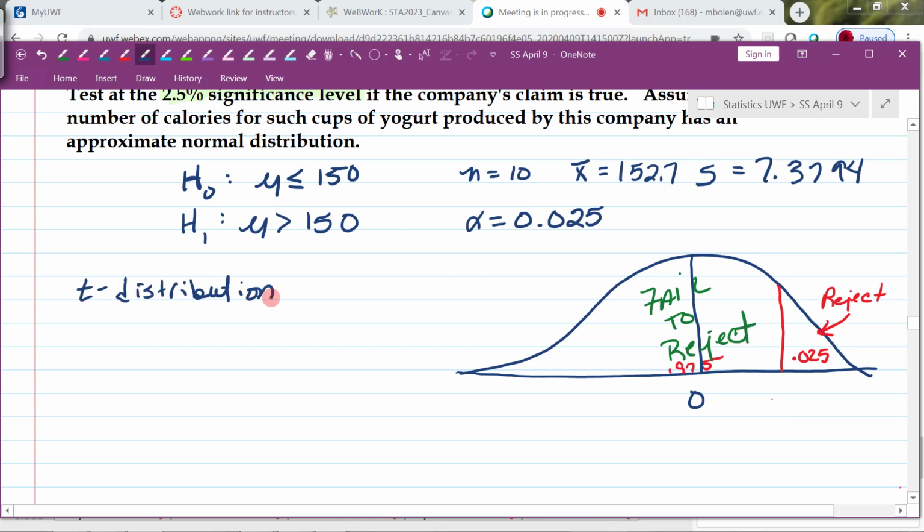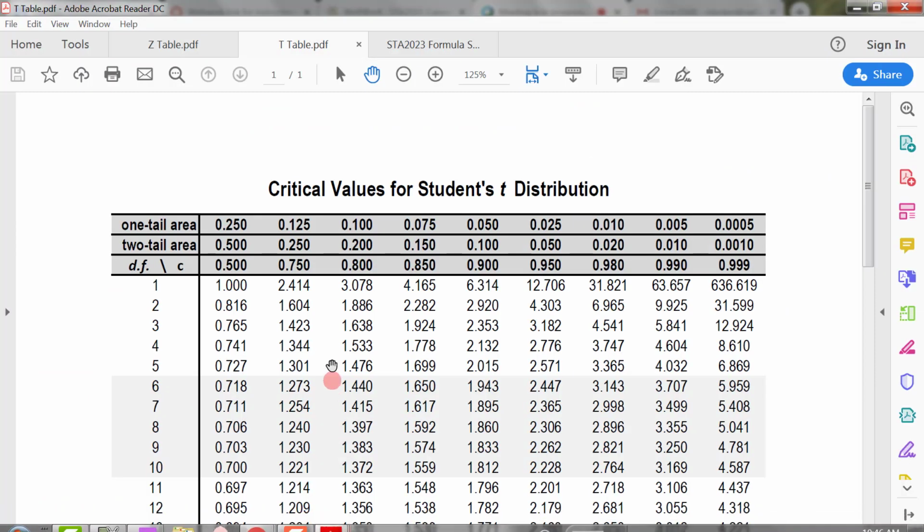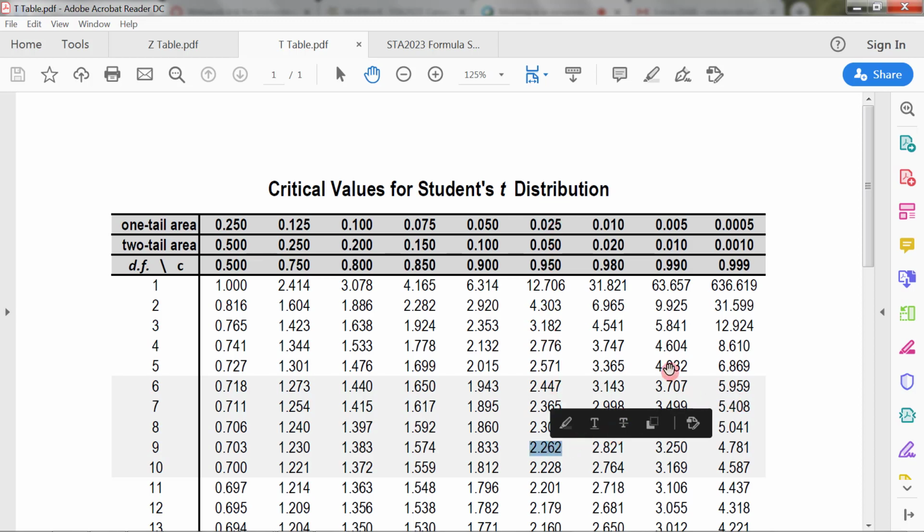It's a T, okay? So we need our degrees of freedom. So we're going to look at 0.025, comma, 9 degrees of freedom, and come in here and grab our T. It is a one-tail test at 0.025, 9 degrees of freedom, and so our critical value is right there.